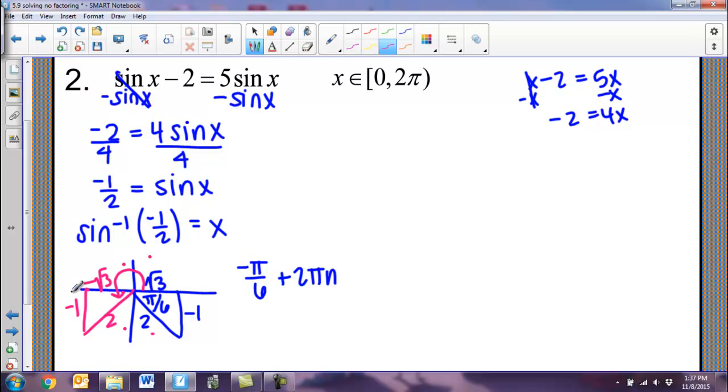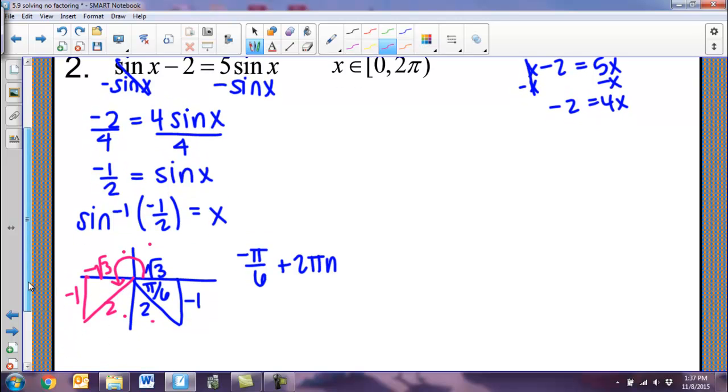And you can do the same thing we did before and take 180 plus that reference angle. So 180 here would be pi, or 6 pi over 6, and then add pi over 6. So that means my other angle right here would be 7 pi over 6. And again, I'm just going to write down the general solution, so that when I'm finding values on the interval, it'll be a little bit easier.